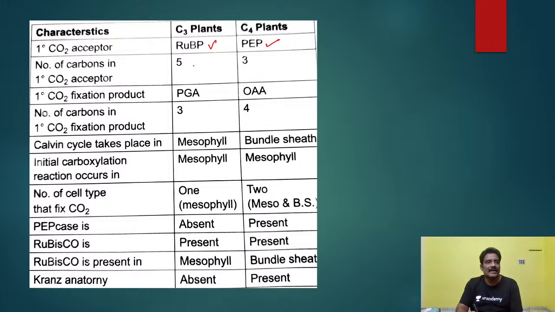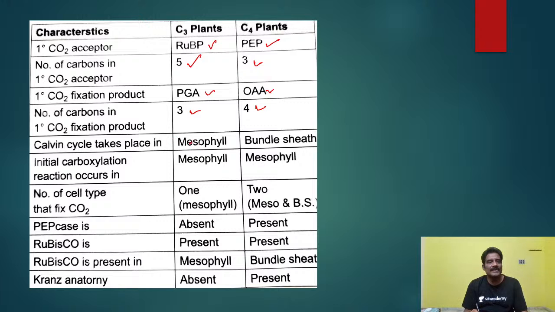RuBP is a 5 carbon compound, and PEP contains 3 carbons. The first product of CO2 fixation in C3 is PGA, and in C4 plants it is OAA. PGA has 3 carbons and OAA has 4.